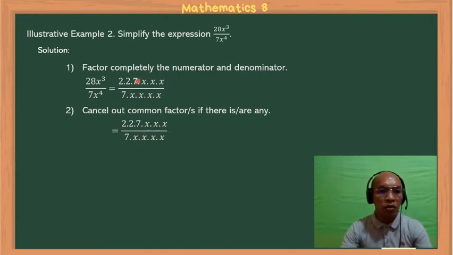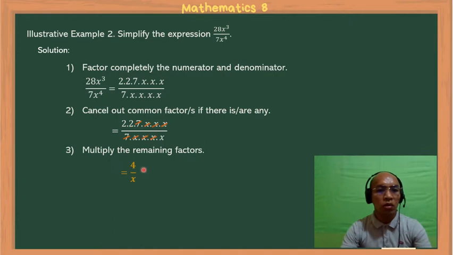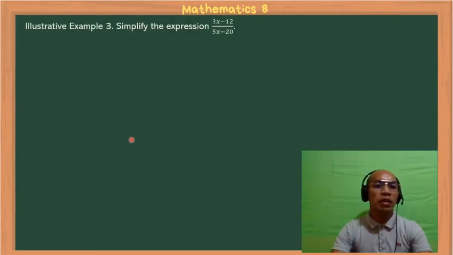The common factors are the constants 7 and 7, and x and x, x and x, x and x. So in the numerator, 2 times 2 is 4, times 1 is 4. Then 1 times 1 times 1 times 1 times x, that would be x. So the lowest term of 28x to the power of 3 all over 7x to the power of 4 is 4 over x.